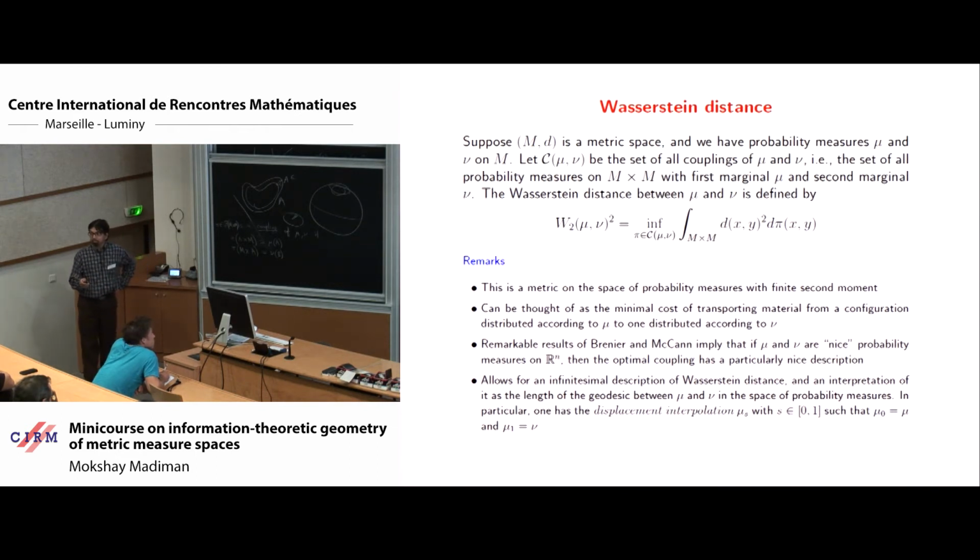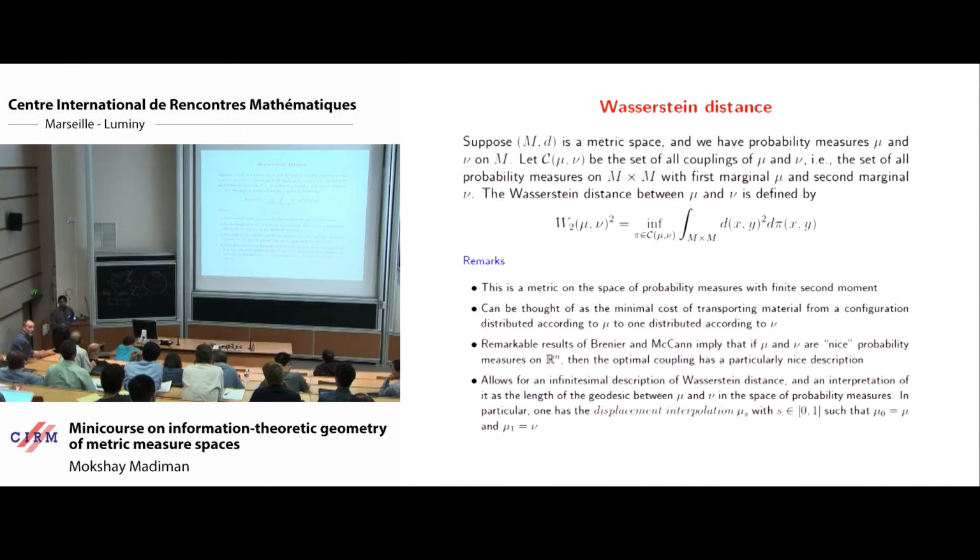For the anecdote, Wasserstein, who's still alive, by the way, works in algebra, and he only wrote one paper on Wasserstein distances. These distances were known before by Monge and Kantorovich, who should be remembered.